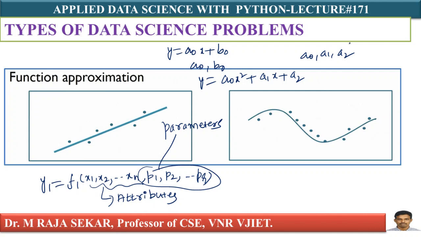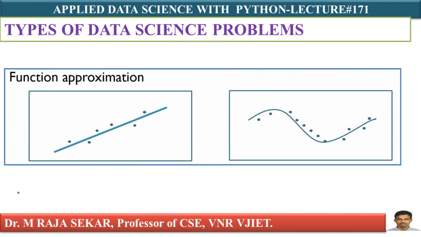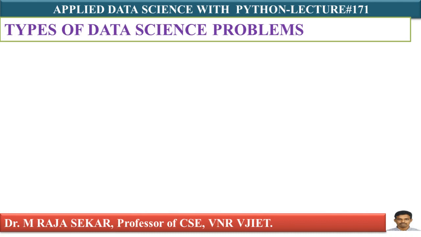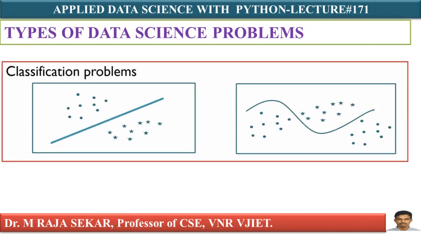Function approximation plays a major role in solving many data science problems. Let me say a few words about the classification problem. In classification problems, we want to come up, let's say in the linear case, with a line or hyperplane where these points are as far away from it as possible.